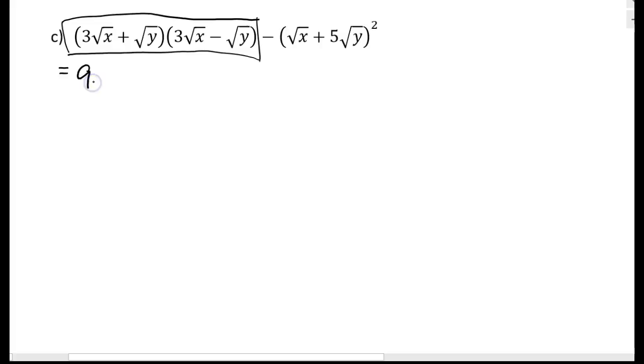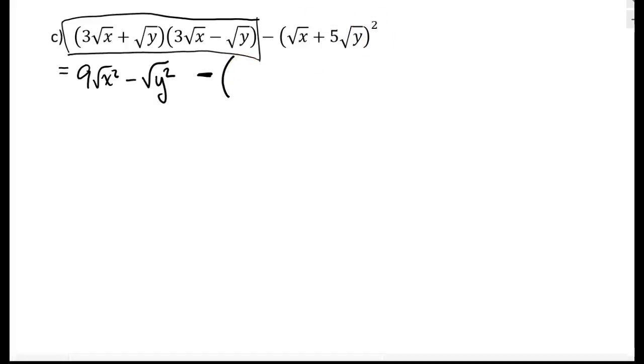So that's going to be 9 root x squared, and then plus, no, not plus, minus, don't forget those are opposite signs, the square root of y squared. We are then going to subtract all of this squared. Now, when you square a binomial, can you substitute and just apply the square into everything?